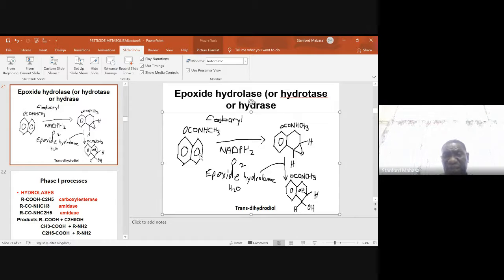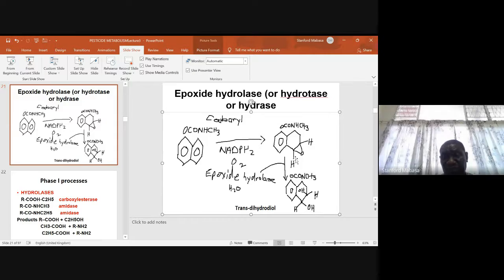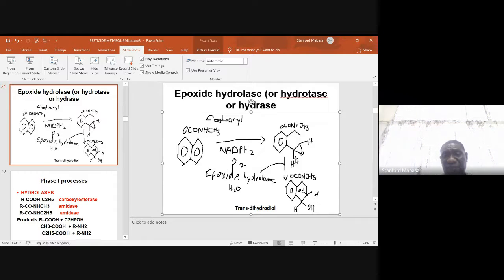So this is the structure of carbaryl. Now, somewhere here it is going to open up and form an epoxide. Now, after forming that epoxide, a further reaction will convert the epoxide to dihydrodiol.